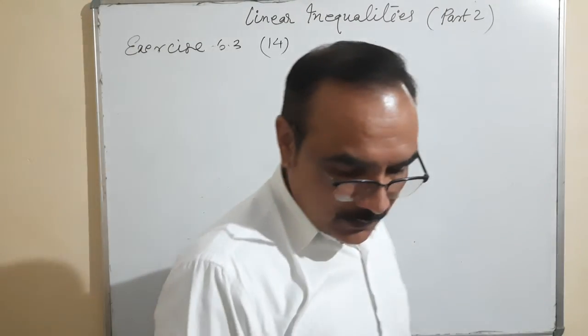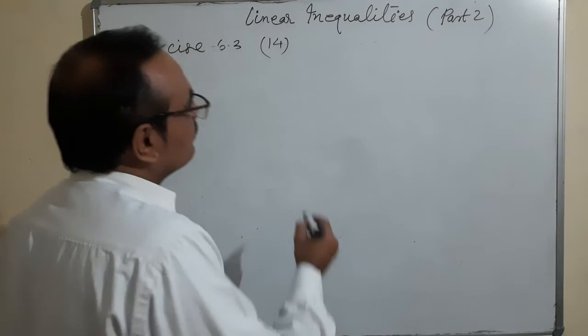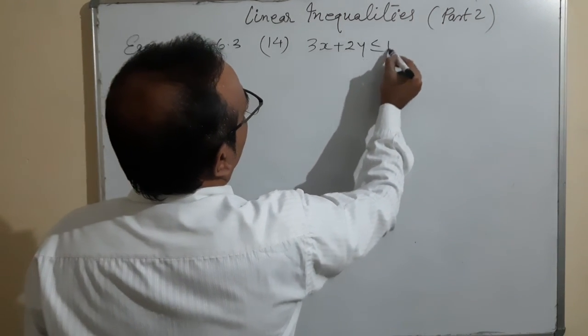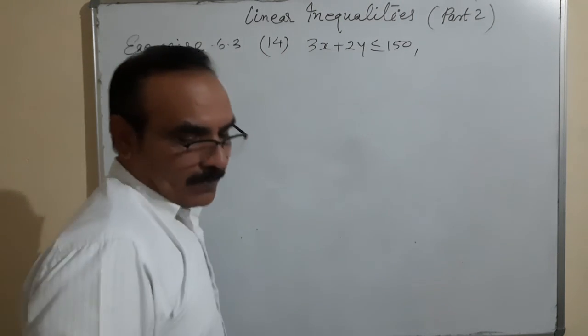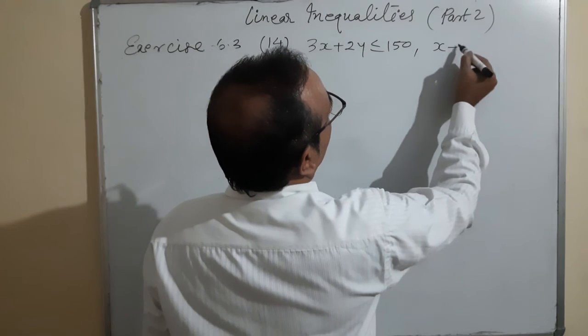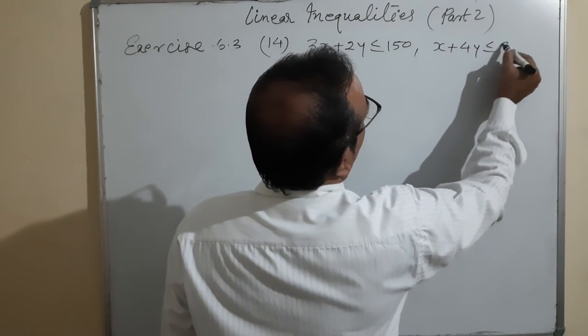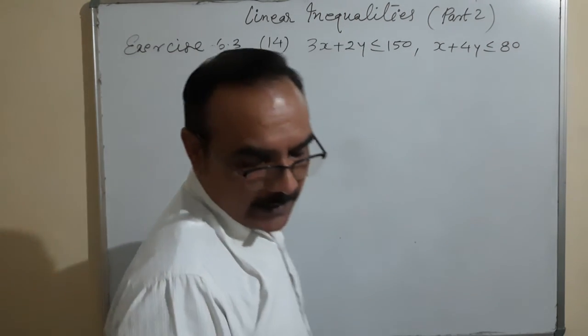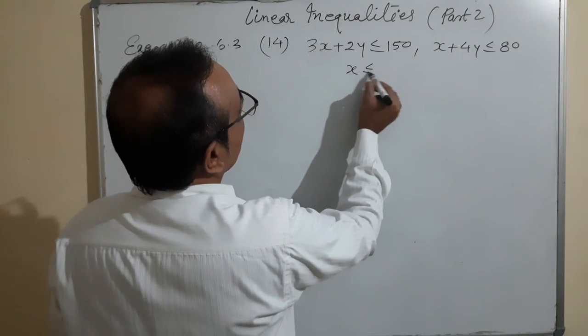Question 14: 3x plus 2y is less or equal to 150. Number 1. Second inequality, x plus 4y is less or equal to 80. Third inequality, x is less or equal to 15.